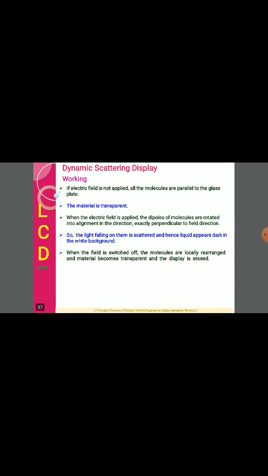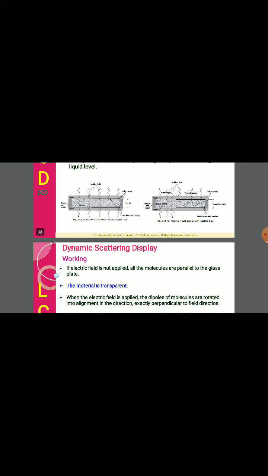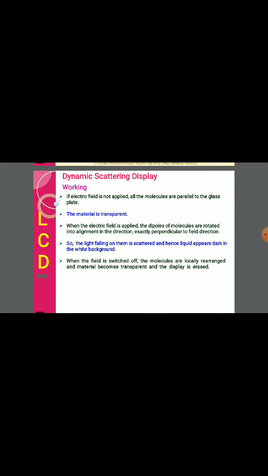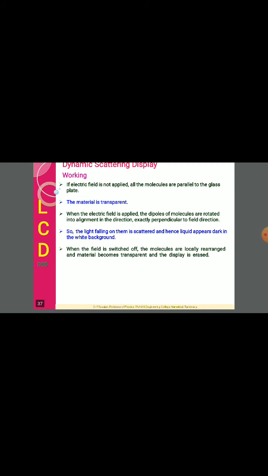If the electric field is not applied, all the molecules are parallel to the glass plate, and the material will be transparent.